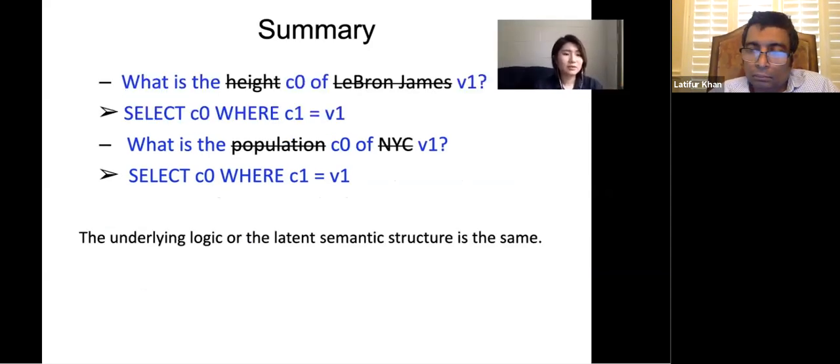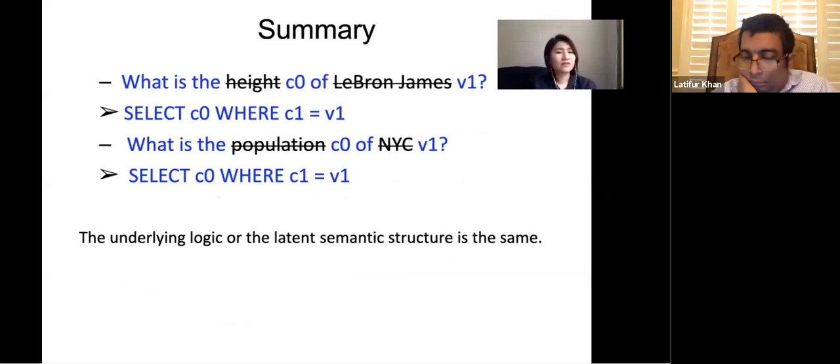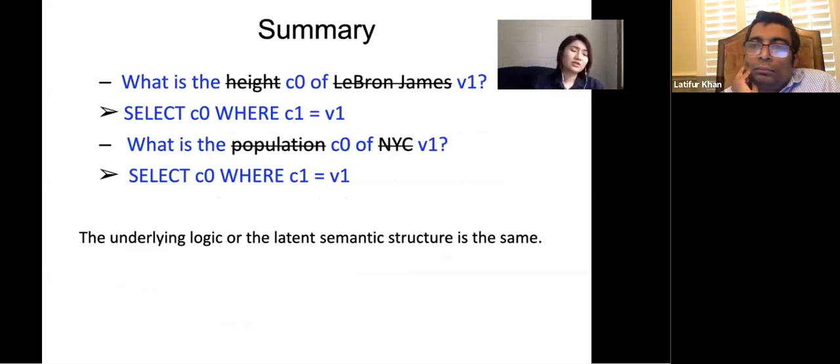Based on the above observations, we believe the underlying logic, or the latent semantic structure, of the two queries is the same. What makes the questions look so different is merely the natural language idiosyncrasies for specific types of data.